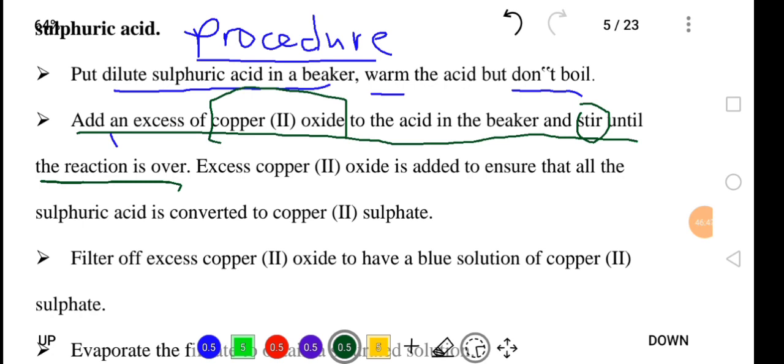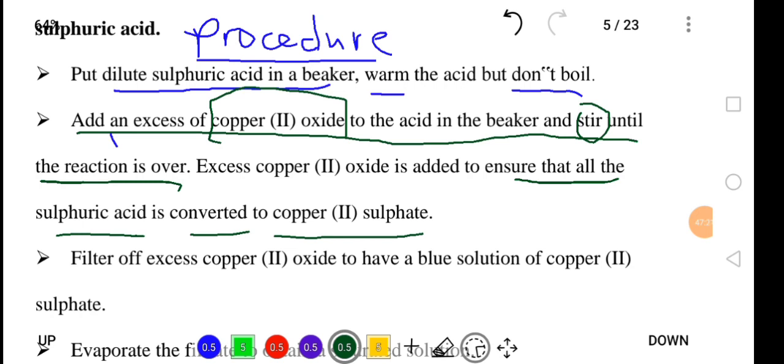And we are saying this copper 2 oxide needs to be in excess. This is to ensure that all the sulfuric acid is converted to copper 2 sulfate. What we want to prepare is the neutral substance copper 2 sulfate. That substance should be neutral, and that substance will only be neutral if it does not contain hydrogen ions.